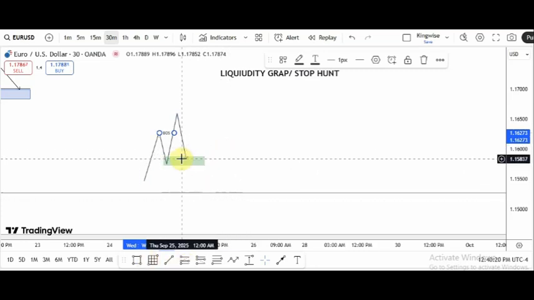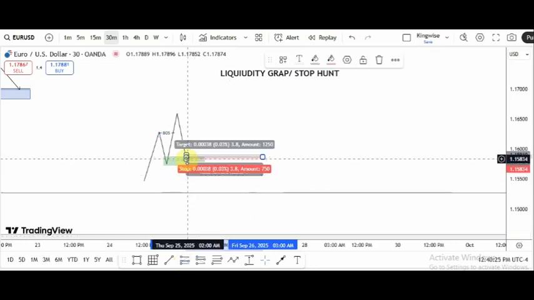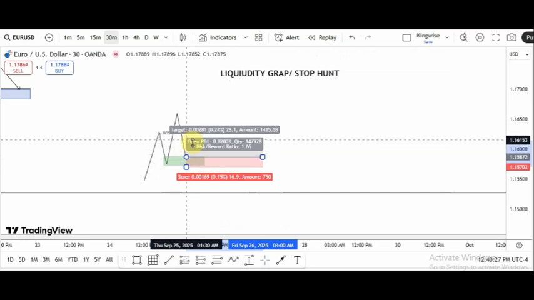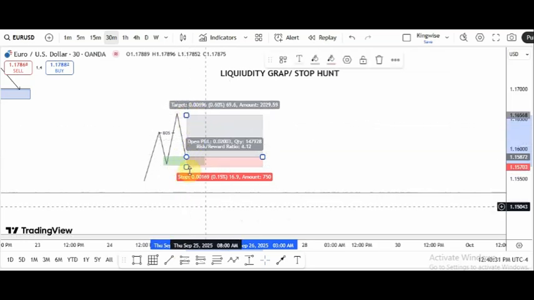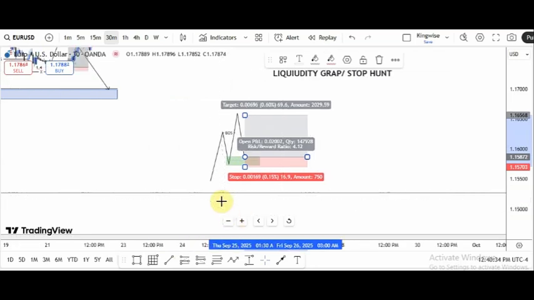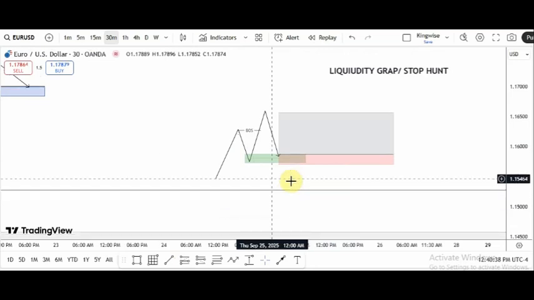Now they are buying from this point and they have their stop loss above. They have their target here and their stop loss at this point. Now they want to engage in this buy.